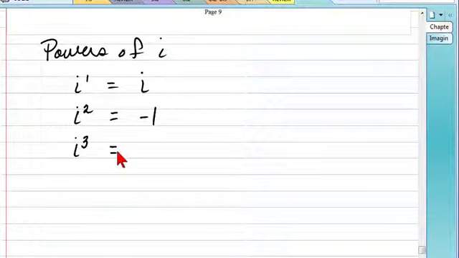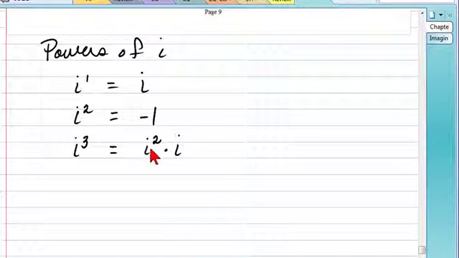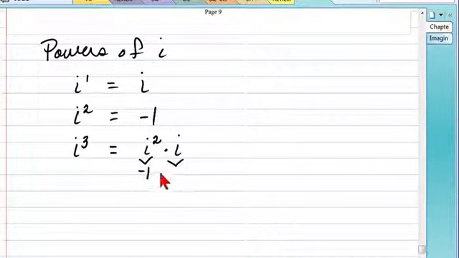Okay, do y'all agree that i to the 3rd could be written as i squared times i? Because of the product rule, I would add the exponents. A 2 and an implied 1 would give me a 3. But this is -1. This is still i. So i cubed is equal to -i.